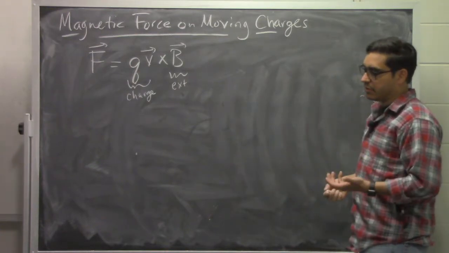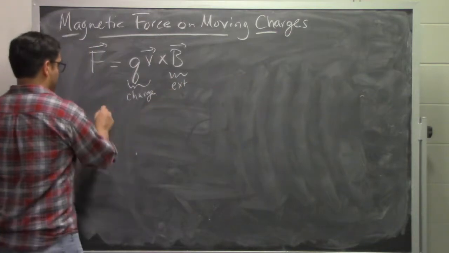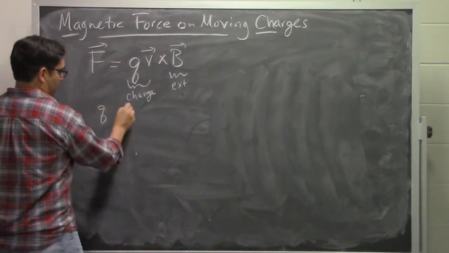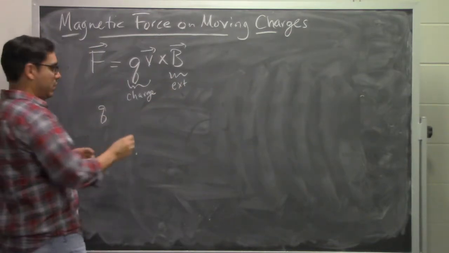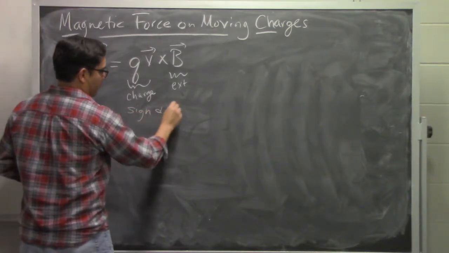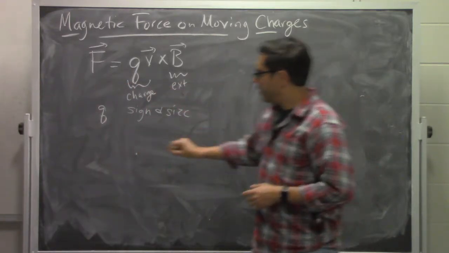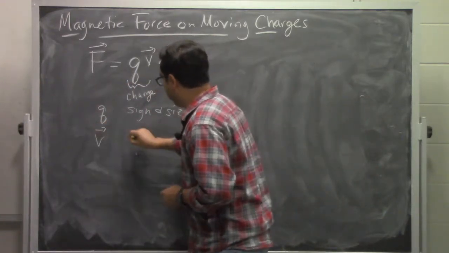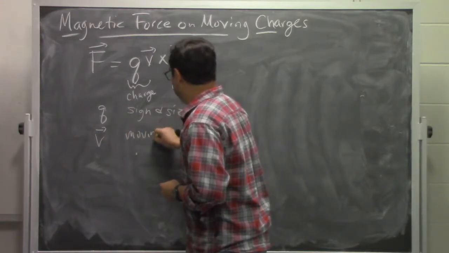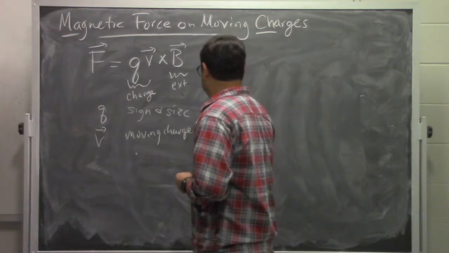So let's get a sense of what that actually looks like. First of all, let's decompose this a little bit into its pieces. This guy is the charge that is actually moving. So this Q includes the sign and size of the charge. The velocity here is the velocity of that moving charge, including its direction.